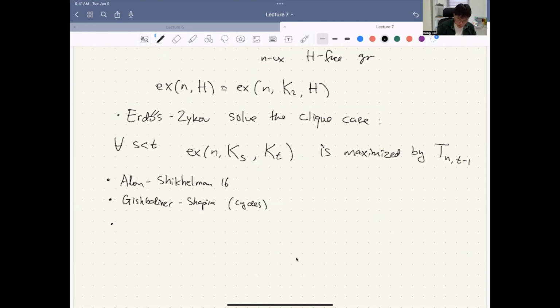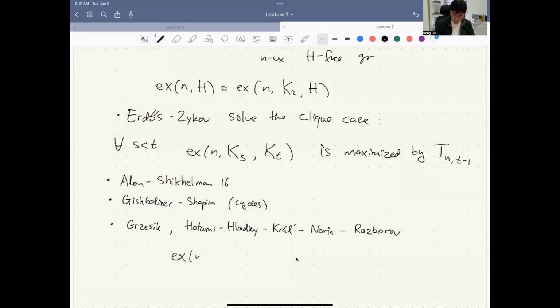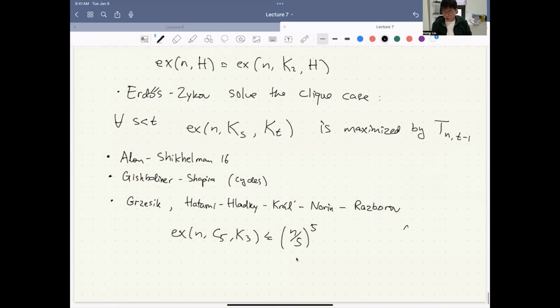And there's also a nice one by Grzesik, independently Hatami, Hladký, Král', Norine, and Razborov, who proved that in a triangle free graph, if you want to maximize C5, the maximum is (n over 5) to the 5, where the optimal is a balanced blowup of C5 with n over 5 vertices on each side.